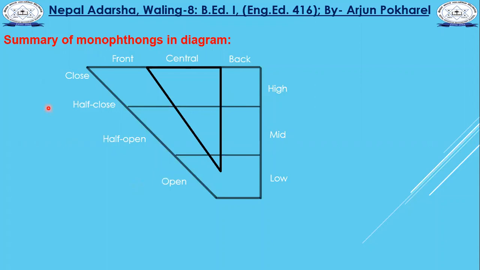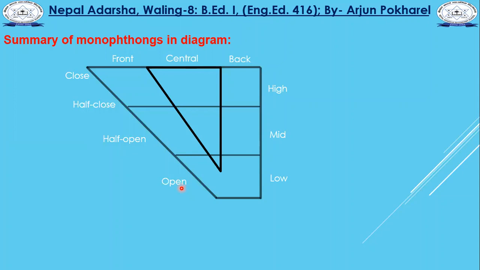This is the classification according to the British phoneticians. British phoneticians classify monophthongs as closed, half closed, half open, and open monophthongs. In this way we classify the monophthongs of English in the diagram.